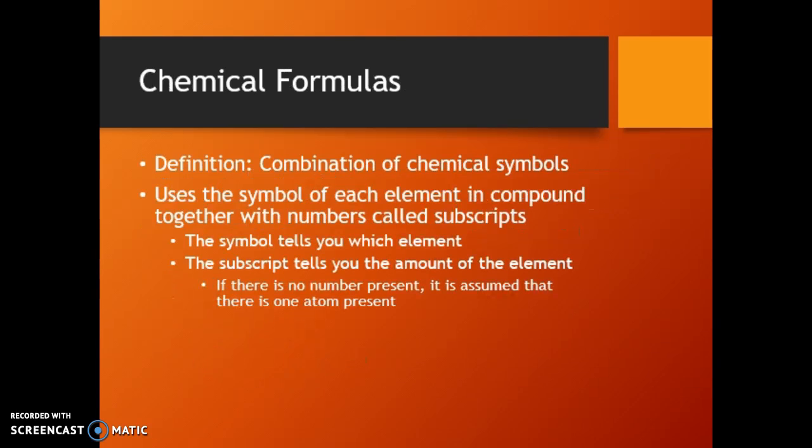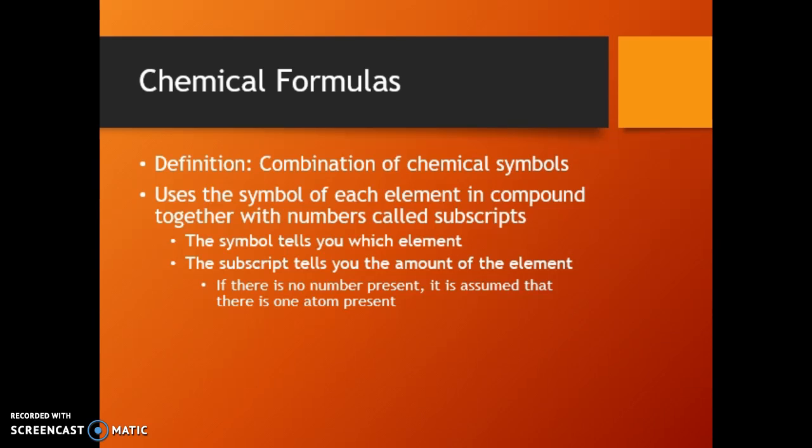The last part I'd like to talk about is chemical formulas. Chemical formulas are really important when it comes to chemistry. There are a lot of chemicals out there, and because of that, we need to identify them by essentially a name and a structure to determine what these substances are. A chemical formula is a combination of chemical symbols.